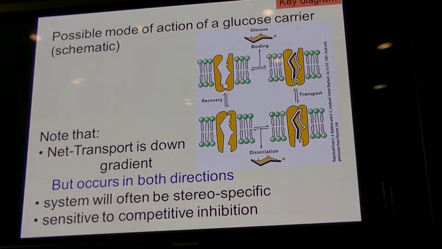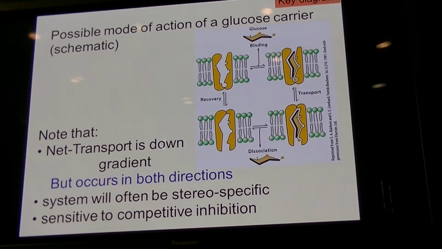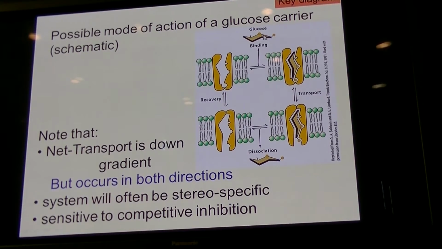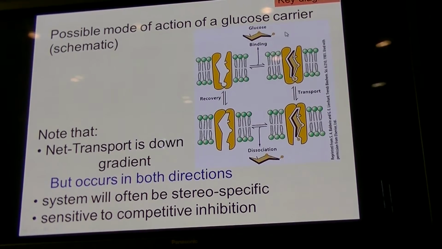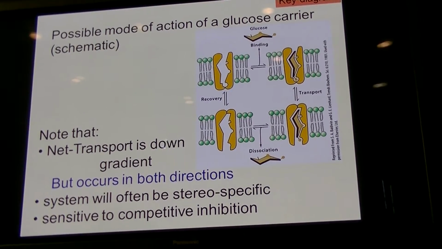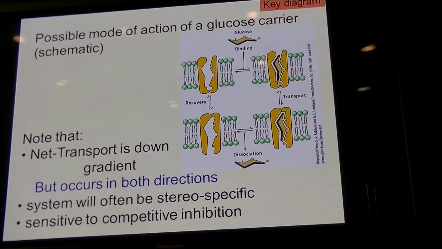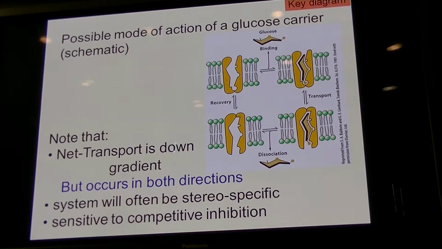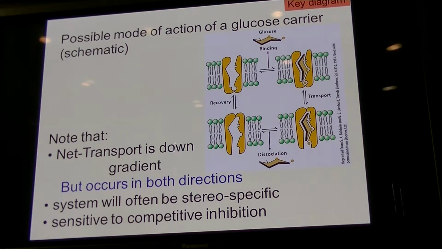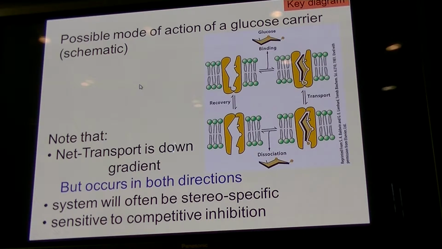Glucose is very similar to another molecule, galactose, another sugar. Galactose might be transported by this transporter very slowly, and it might competitively inhibit the transport of glucose. Or if we have modified versions of glucose, where glucose is chemically modified, then such a molecule might act as an inhibitor competitively of this transport pathway.